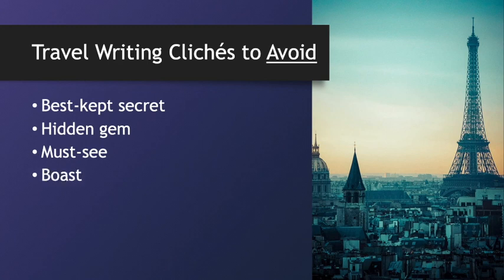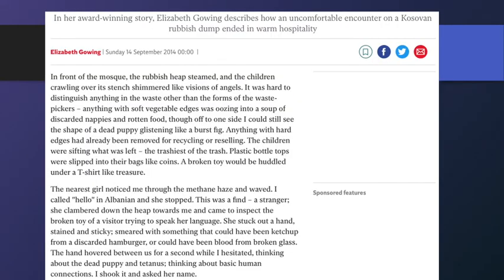A couple of terms that I don't like in travel writing: best kept secret, hidden gem, must see, boast, as in the restaurant boasts 40 seats or something, etc., etc., just as a way of writing. And rustic is kind of not so great a way of saying it, not good these days. So just avoid those.